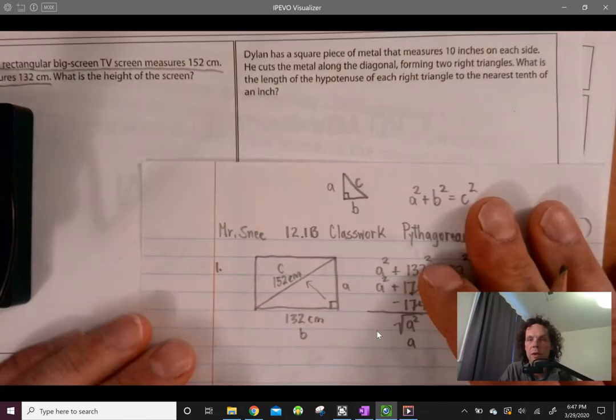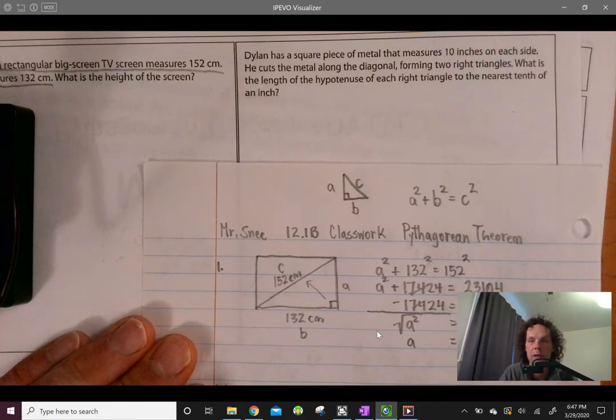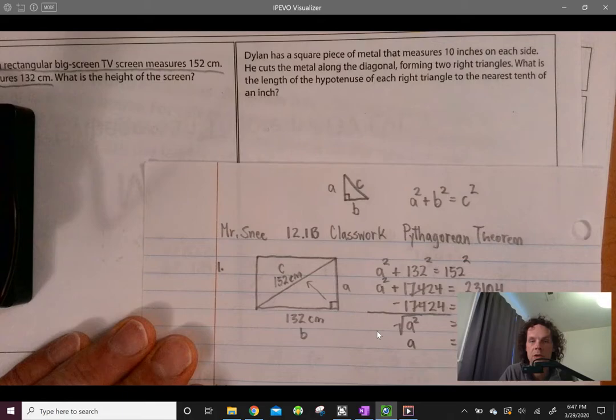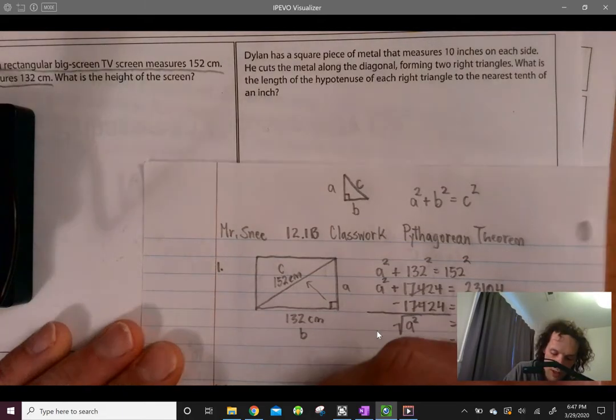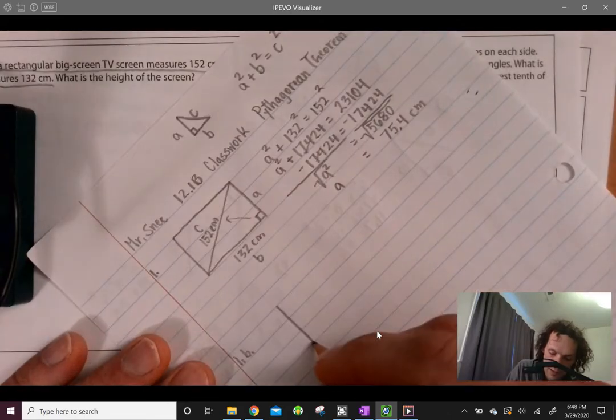Dylan has a square piece of metal. It measures 10 inches on each side. He cuts the metal along the diagonal, forming 2 right triangles. Okay, so there's a square piece of metal that's cut diagonally. What is the length of the hypotenuse of each triangle to the nearest tenth of an inch? All right, so he made 2 right triangles, and they're 10 by 10.